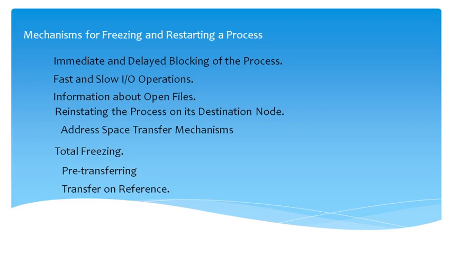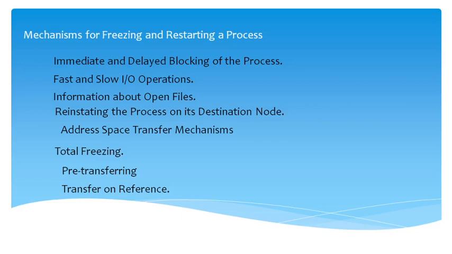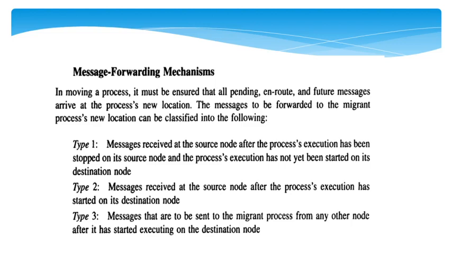So on a demand-driven basis, the copy on reference approach will be there. So like this, on-demand transfer of the address space will be there. So address space can be total freezing, pre-transfer, transfer on reference. So those are the mechanisms which are used for freezing or restarting a process.